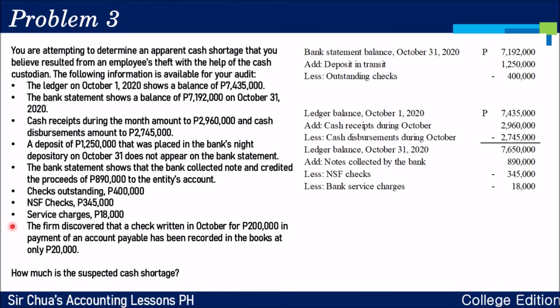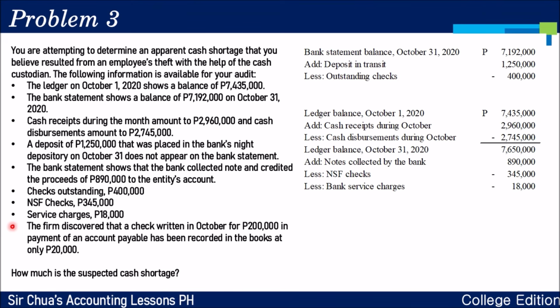Okay, next. The firm discovered that a check written in October for 200,000 in payment of an account payable has been recorded in the books at only 20,000. Magbabayad daw po yung company ng accounts payable. Dapat daw po 200,000. Okay? Kaso, ang nangyari, na-record lang daw po sa ating accounting records, 20,000. So, mali yung pagkakadeduct natin ng 20,000.